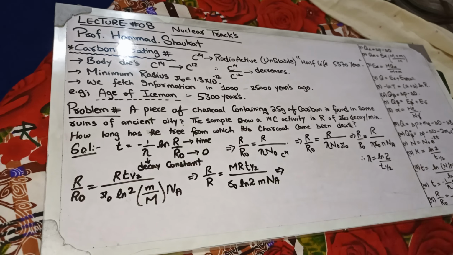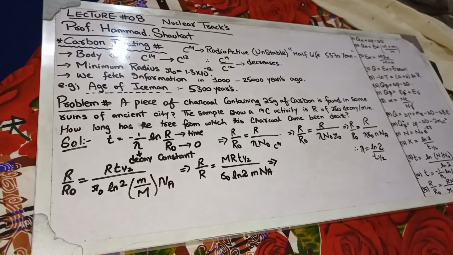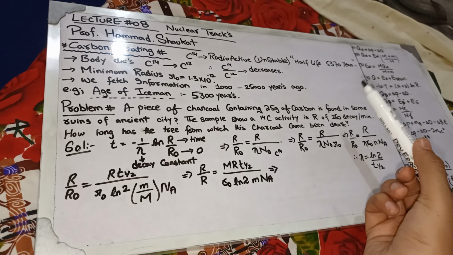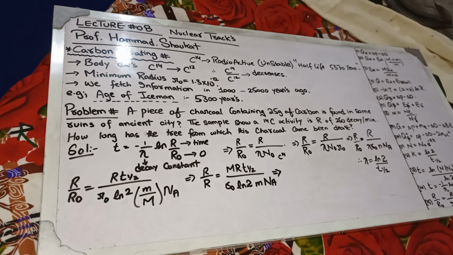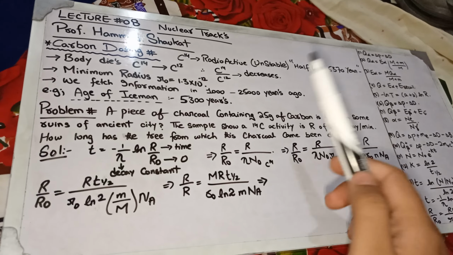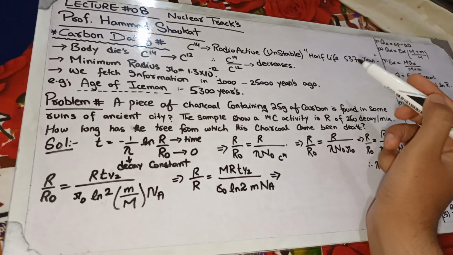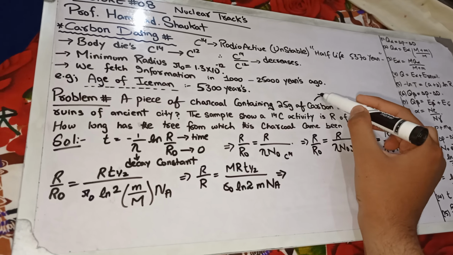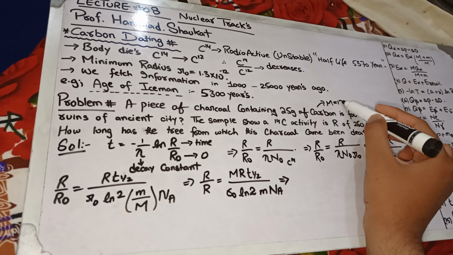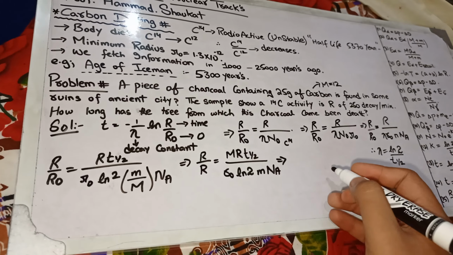Now what is the value of capital M? You know that in our scenario carbon is concerned, and the mass of carbon is 12. So capital M should be 12.